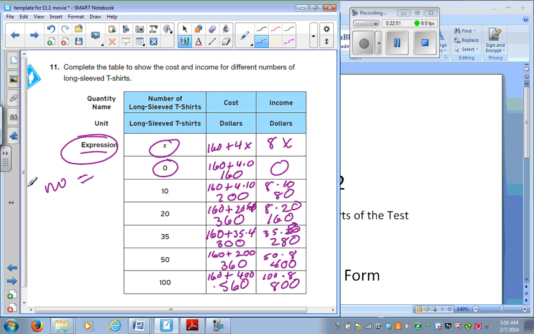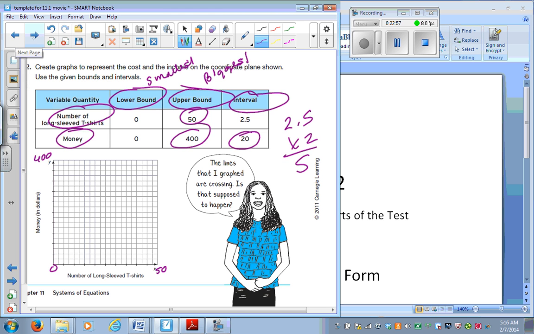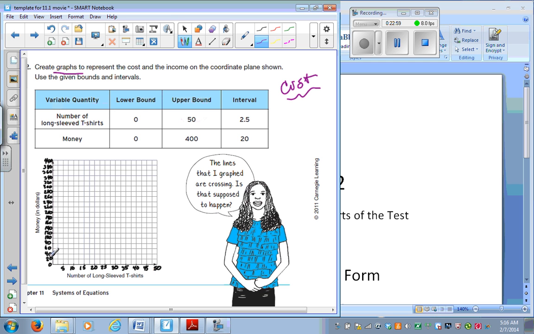So again, look back at my table. If I sell no t-shirts, it's still going to cost me $160. So that means here at no t-shirts, I'm going to put a point right here at $160, because even if I sell no t-shirts whatsoever, it's still going to cost me $160.